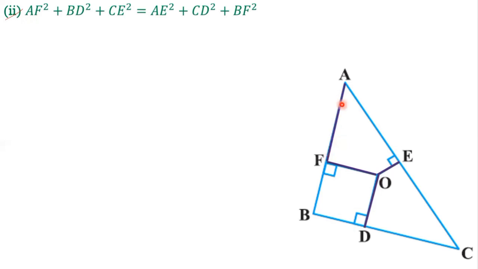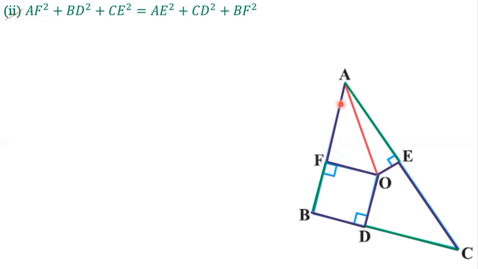Now we want AF square, so draw line AF. Then we want BD square, draw line BD. Then CE square, highlight CE. Then we want AE square, highlight AE. Then CD square, observe there. Then BF square. So we have to prove AF square plus BD square plus CE square is equal to AE square plus CD square plus BF square.